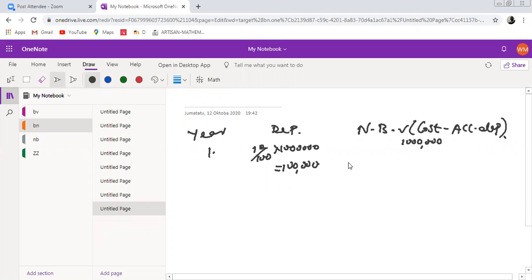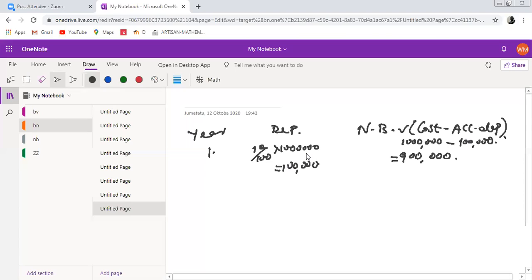If we minus the depreciation for year 1, which is 100,000, what will be the book value for this asset by the end of year 1? We bought at 1 million, minus 100,000, so the book value will be 900,000.